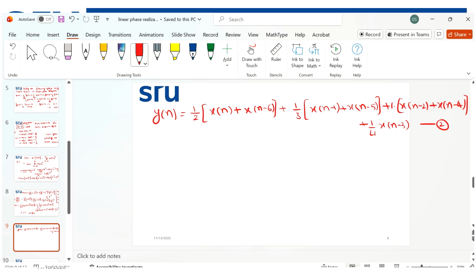So give it as equation number 2. So this is our final expression, and thereby we will design our circuit realization using linear phase.